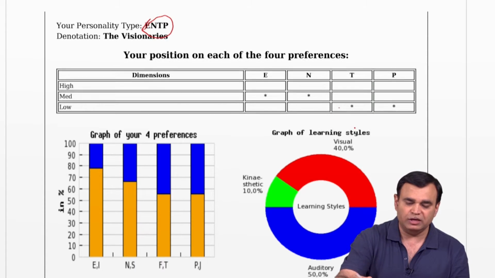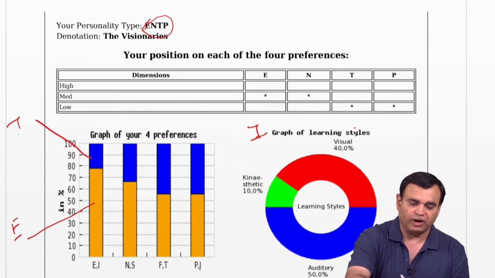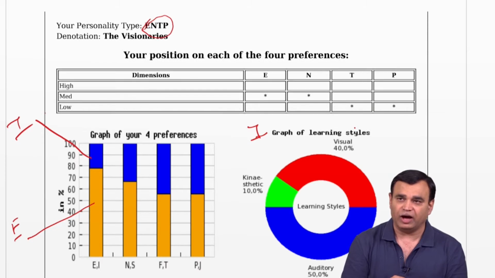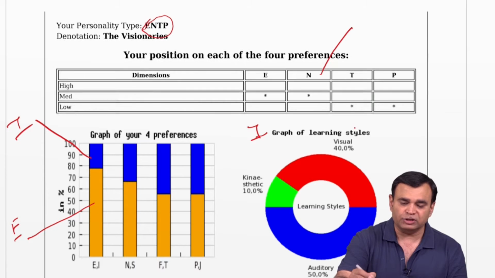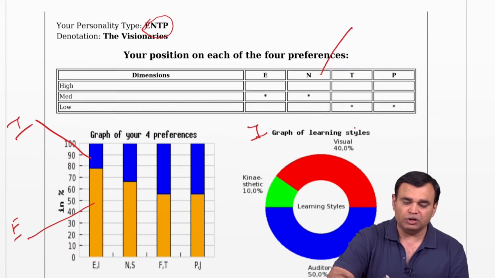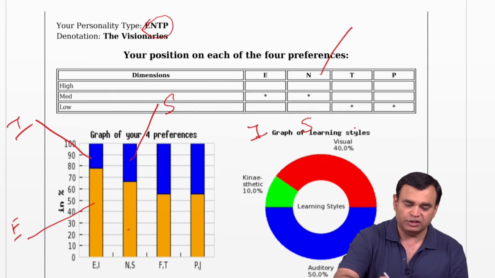So you have E on the medium side, and so the dominant between E and I for this person is definitely E, and so this color that you see is that of E and this color is that of I. So the blue color is that of I, and the yellow color or orange color that you see is that of E. If you look at now the second switch, which is N, then because N is dominant, and as you now know, N has opposite S, so this is S and this is N.